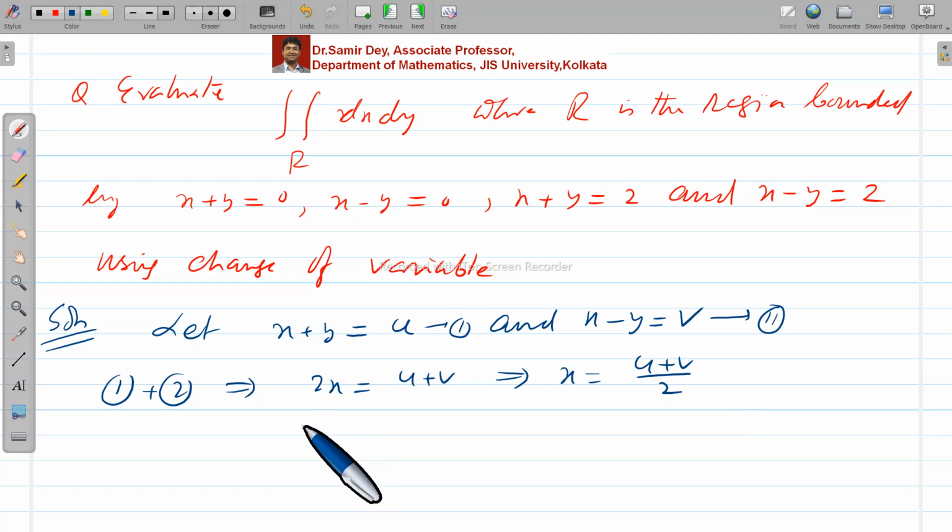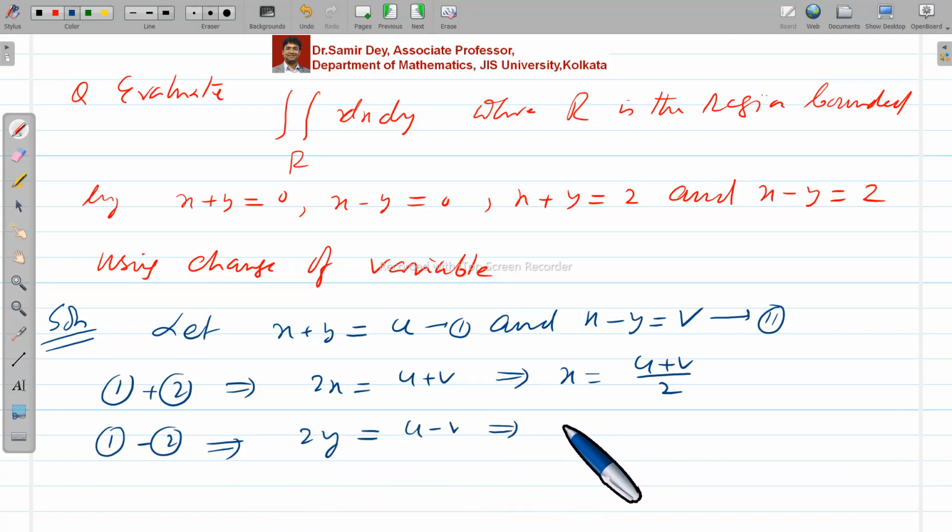And if I write 1 minus 2, then we get 2y equals u minus v. This implies y equals (u minus v) by 2. Now x is connected with u and v, and y is connected with u and v.